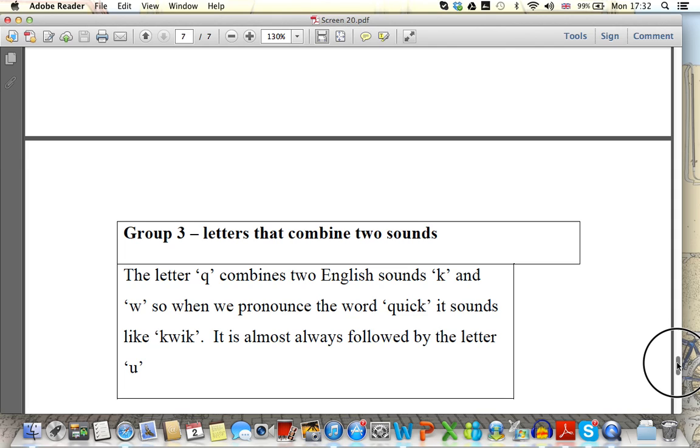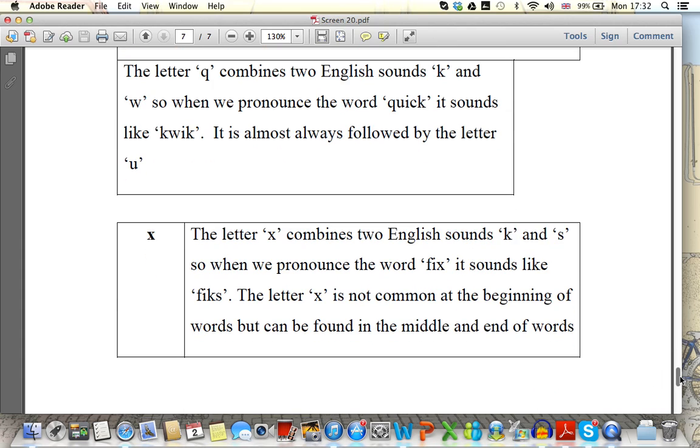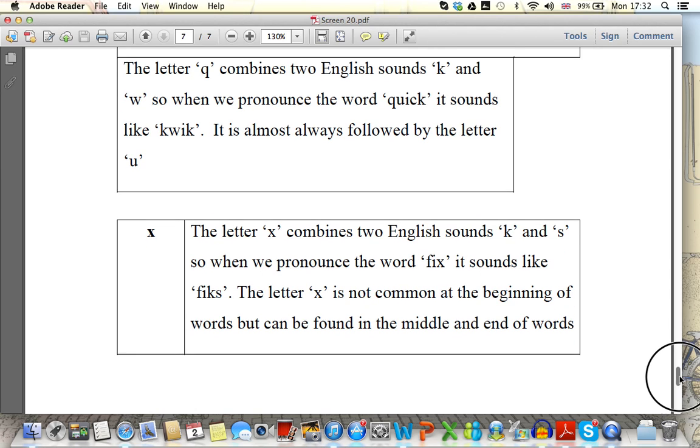And generally, most of the time, the letter Q in English is followed by the letter U. The letter X combines two English sounds, K and S. So we have the word fix or six, and it sounds like F-I-K-S, but it is the letter X.